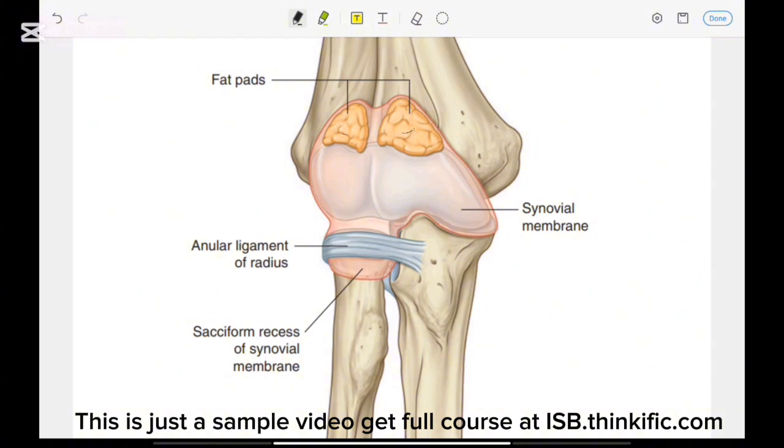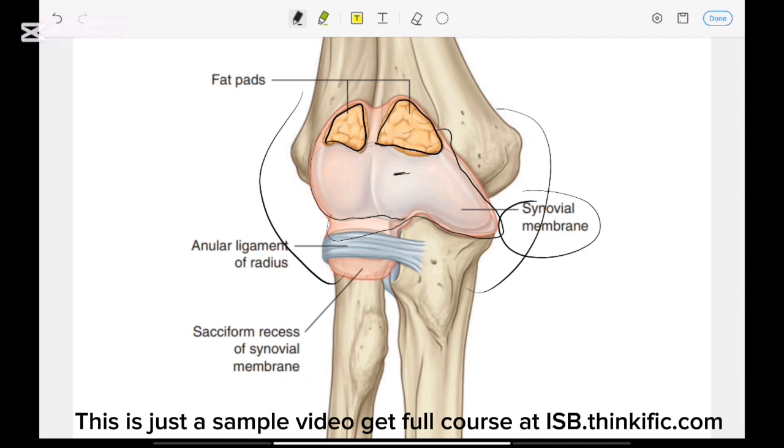The synovial membrane, which is drawn here if you can see it, is basically separated from the fibrous membrane of the joint capsule by fat pads in the regions of these fossae, coronoid, radial, and olecranon fossae. Do you see these fat pads? They are separating the synovial membrane from the overlying capsule, which should be here. It's removed, the fibrous capsule of the joint.